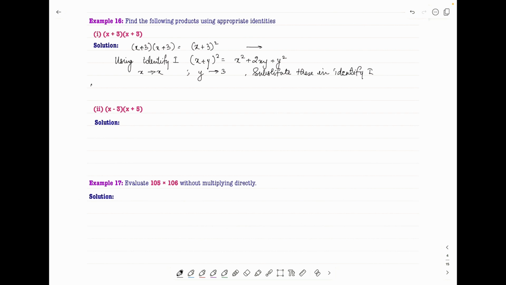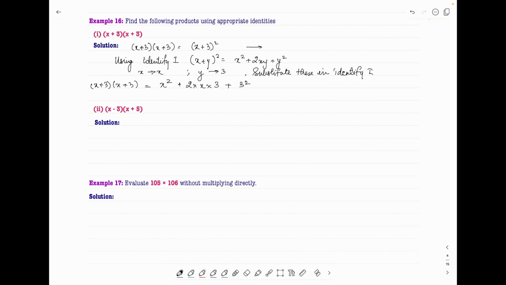So when we substitute, what do we get? We get x plus 3 into x plus 3 equals x square plus 2xy, which means 2 into x into 3, plus y square, which means 3 square.